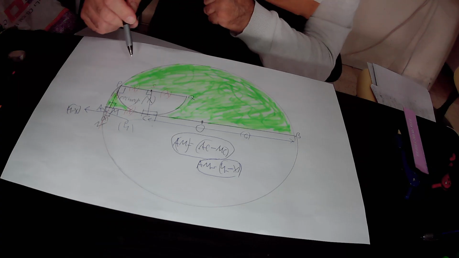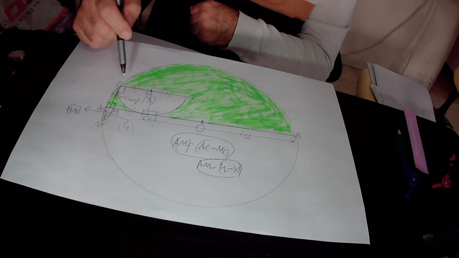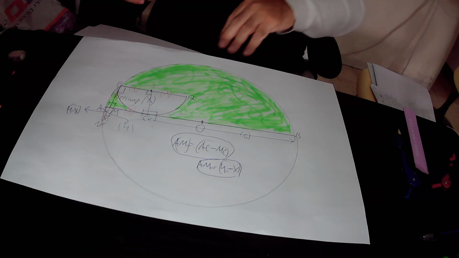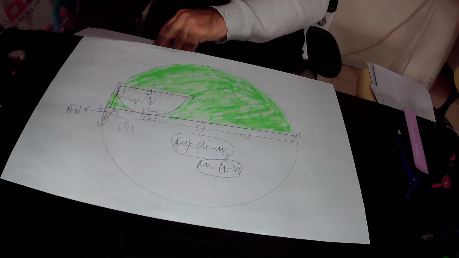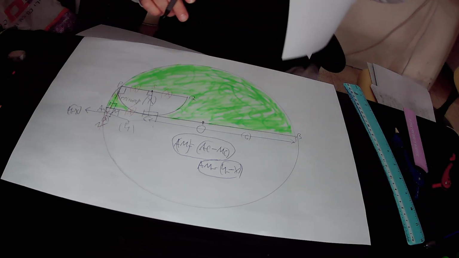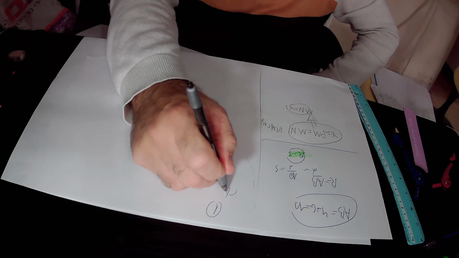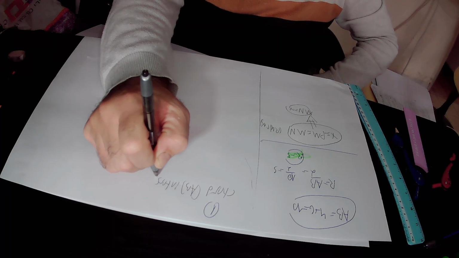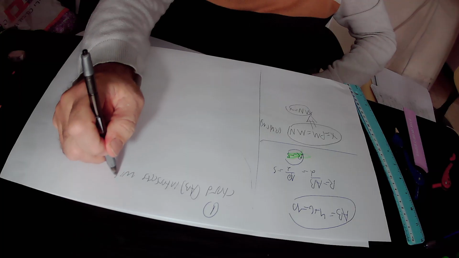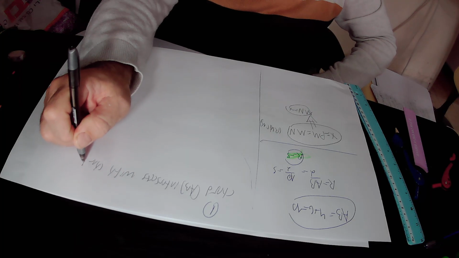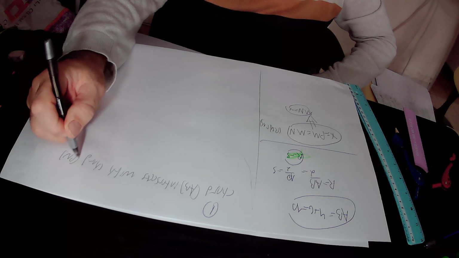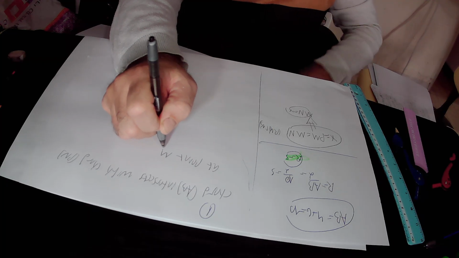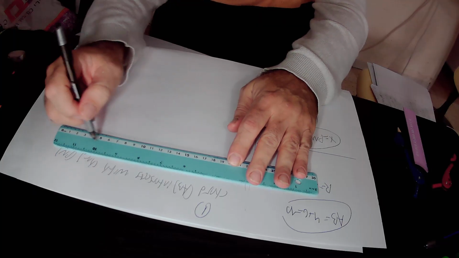Chord AB intersects with chord Pn at point M. So all the requirements of rule 24 are satisfied, and therefore we can implement it.